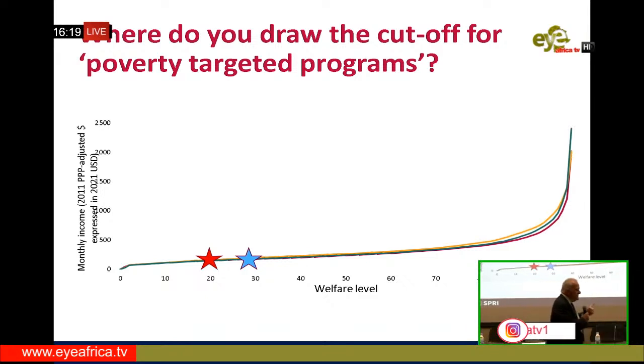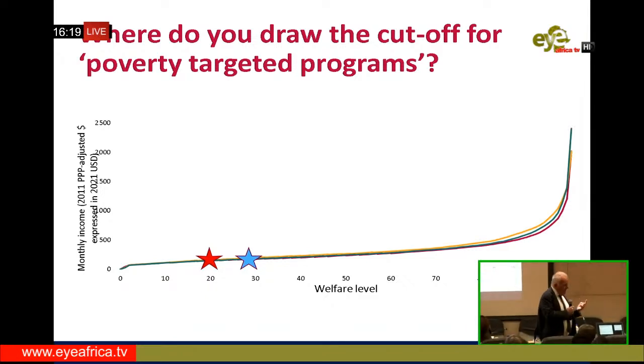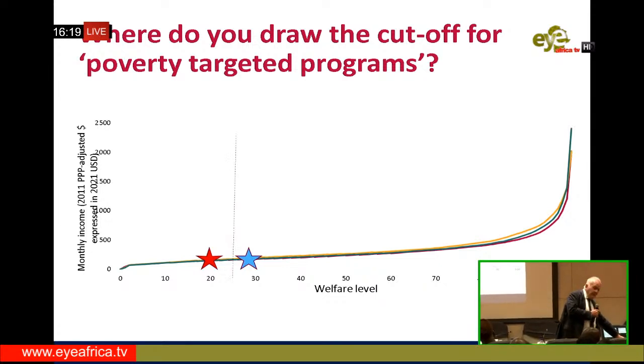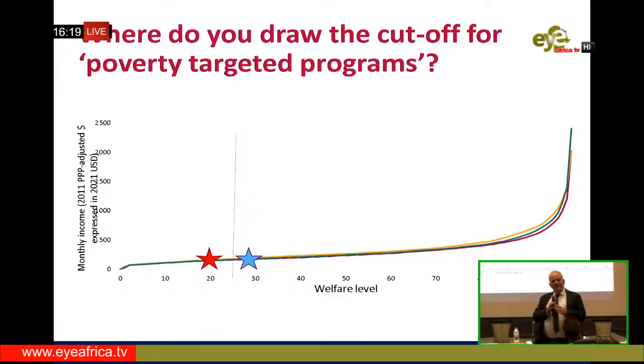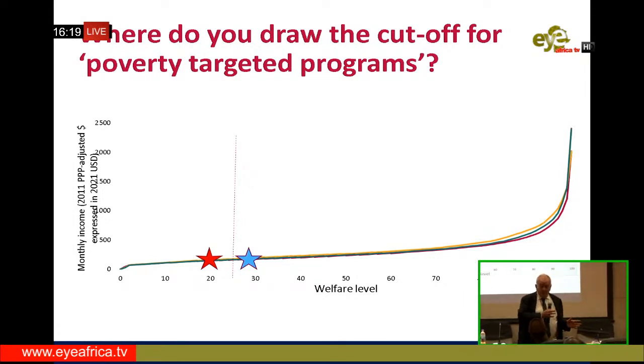Now, what do we try to do when we use poverty targeting? What we do is we estimate the poverty line. And we say everybody to the left of that poverty line is poor, everybody to the right of that poverty line is not poor. But you have two people, blue and red. Blue was not poor when the poverty line was set.